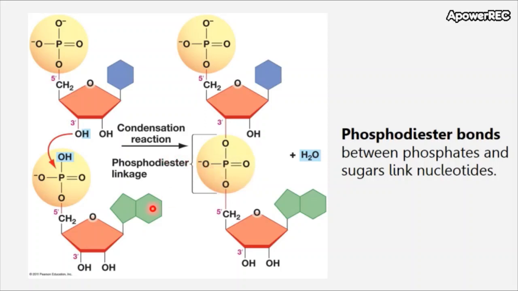What happens is cells can take one nucleotide, and through a reaction called a condensation reaction, take two molecules and combine them together. It's referred to as a condensation reaction because just like condensation, when you think of rain, the product includes water.